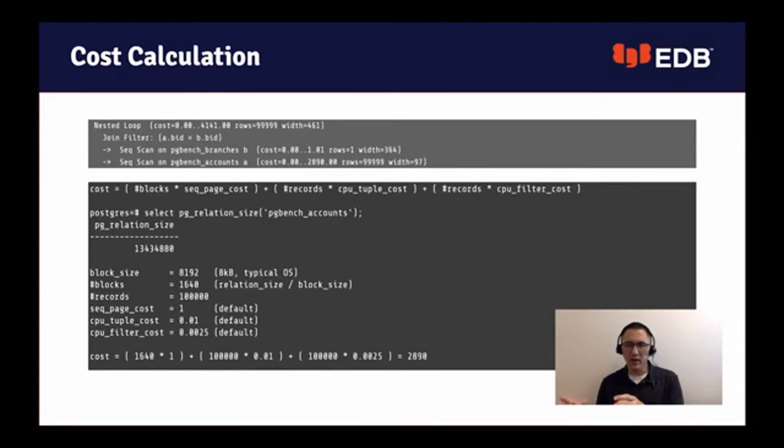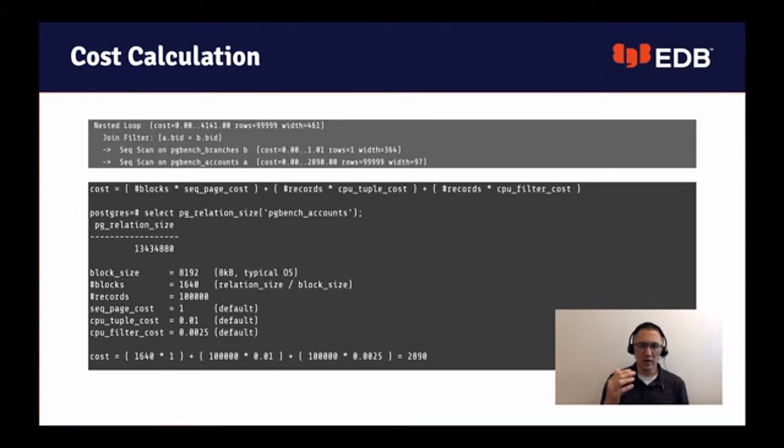Then you add the number of records times the CPU filter cost, which is the cost for the CPU to decide whether to keep or discard that row based on the where clause in your query.